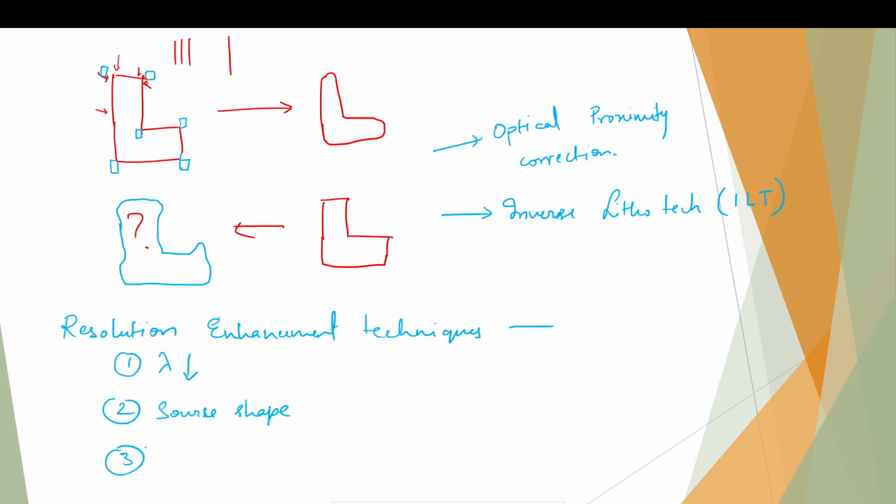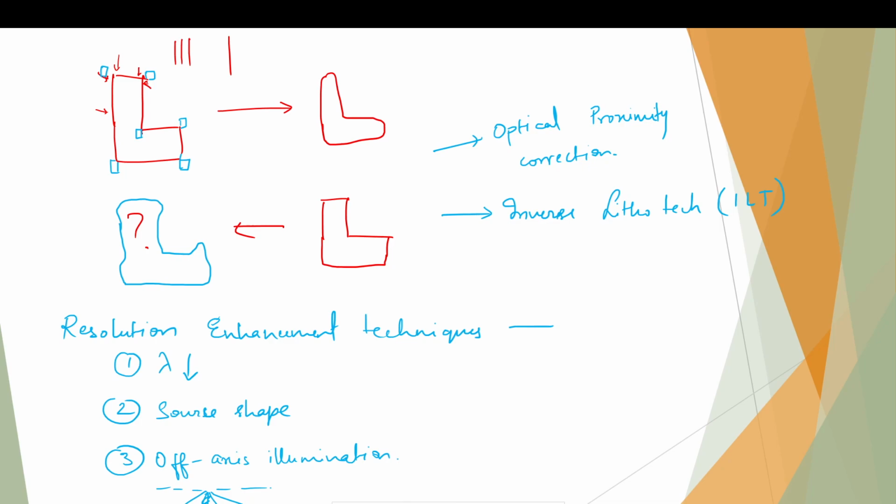Next one is we can do off axis illumination. So we didn't talk about this, but I'll just mention it here. Sometimes when we have very closely spaced patterns, all the diffraction orders might not be captured by the lens.